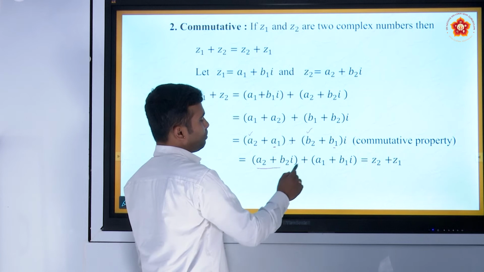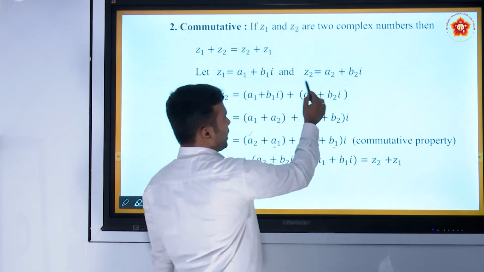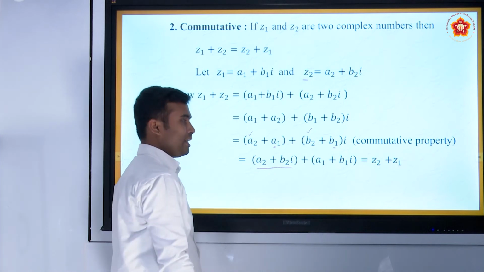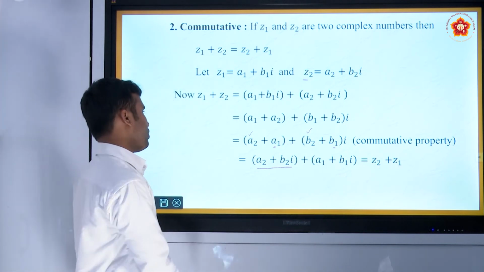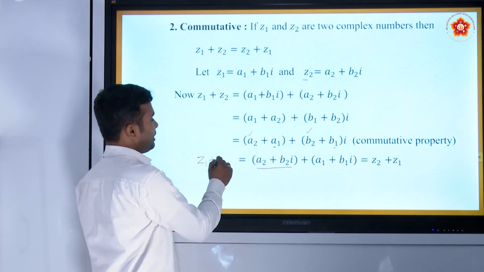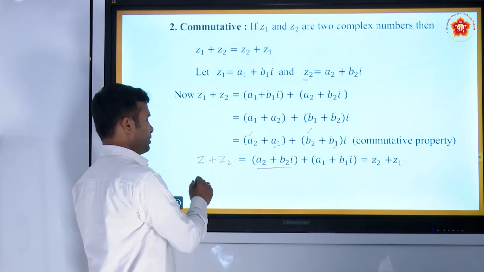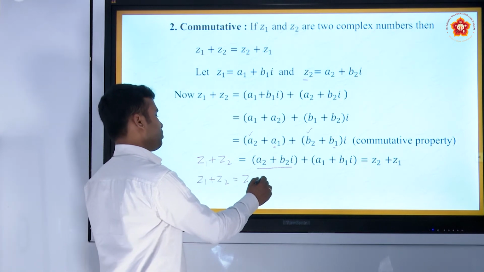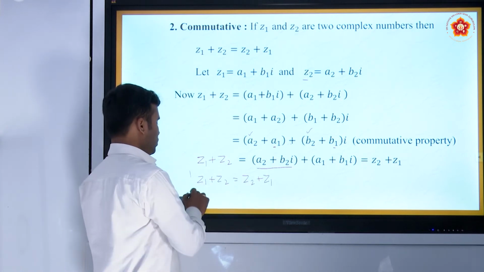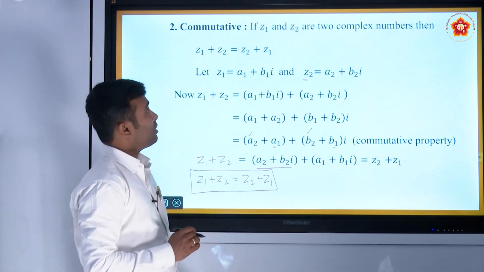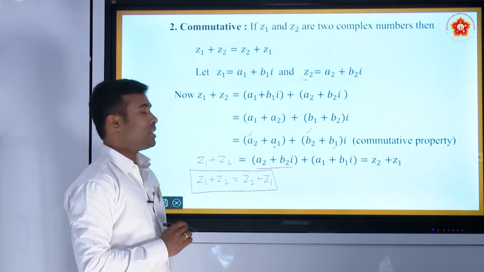And what is a2 plus b2i? a2 plus b2i is nothing but z2, and a1 plus b1i is equal to z1. What do you have on the LHS? That is z1 plus z2. Hence we conclude that z1 plus z2 is equal to z2 plus z1. So this proves the commutative property of complex numbers.